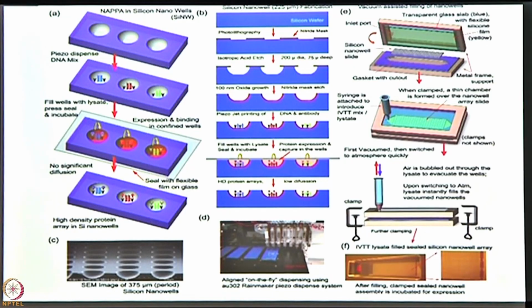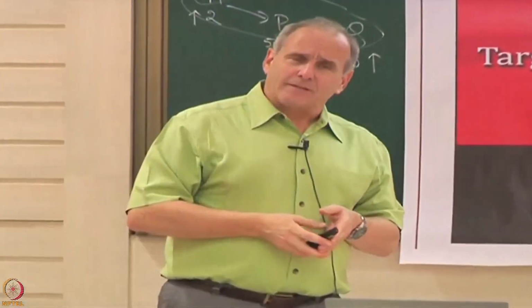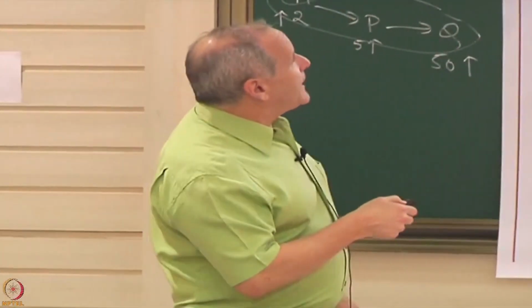So in standard NAPPA, we just have a solid pin printer that just runs along and makes spots. But here we had to get the liquid right into a much smaller target. And so we ended up having to use a piezoelectric printer that has a camera in line with the print head. And by using the camera to align where the spots are, we can aim it, and it spits the liquid into the tiny wells. And it does so quite accurately, but it is a little bit tedious. But anyway, that's what we do.